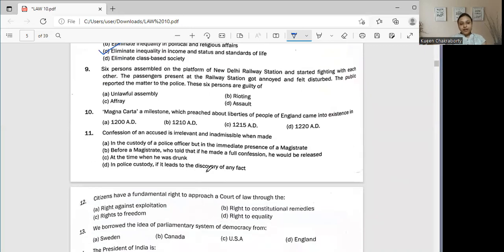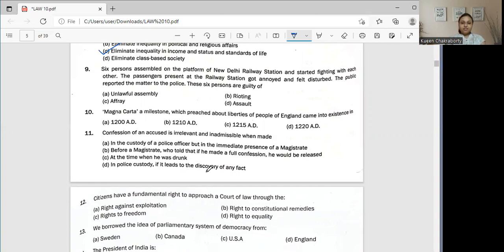Moving to question number 9. Six persons assembled on a platform of New Delhi railway station and started fighting with each other. The passengers present at the railway station got annoyed and felt disturbed. The public reported the matter to the police.